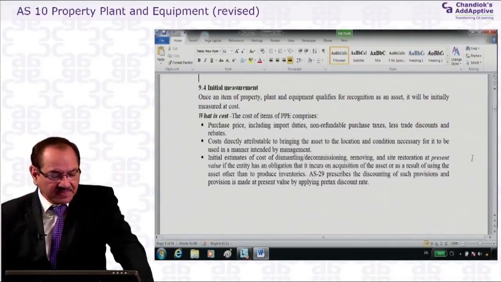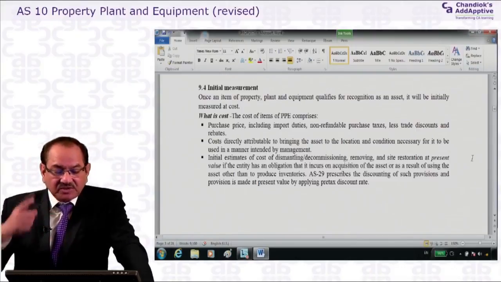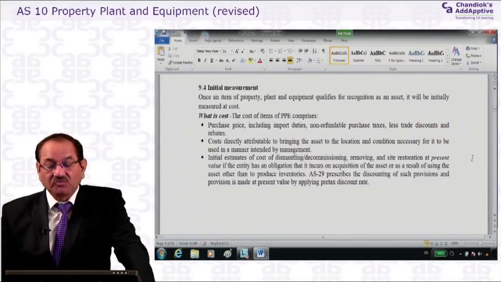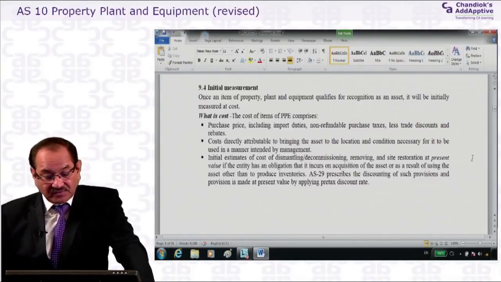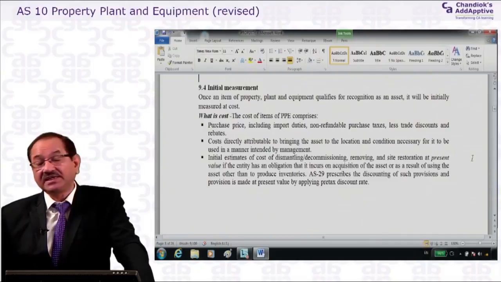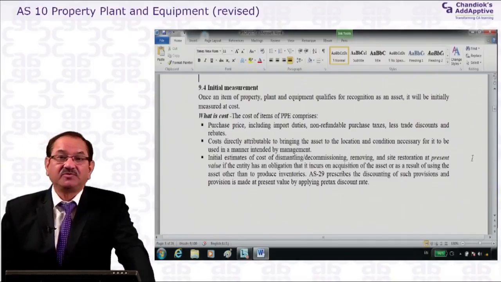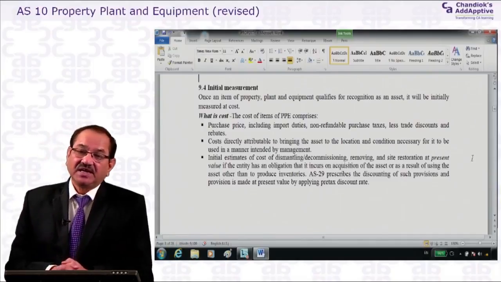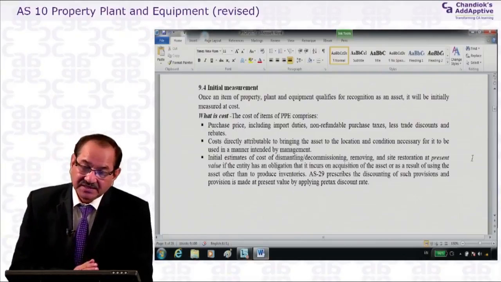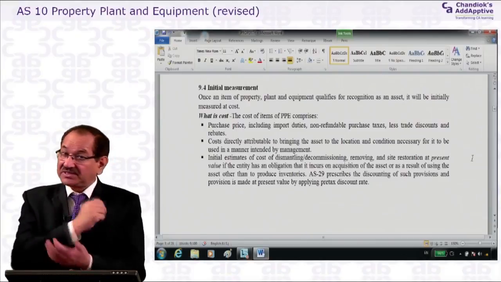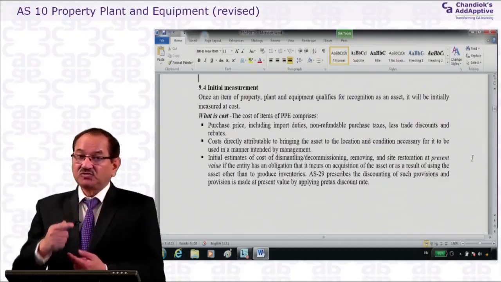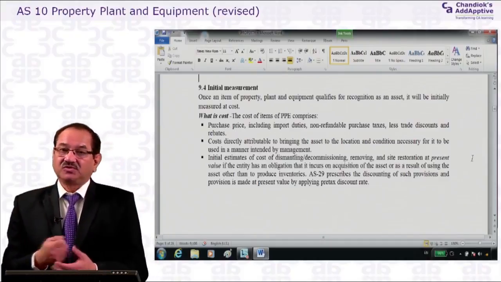No difference. Cost directly attributable to bringing the asset to the location and condition necessary for it to be used in a manner intended by the management. If you have purchased a plant and machinery, what is the purpose and the objective of management? That it should be used for the production of the goods.